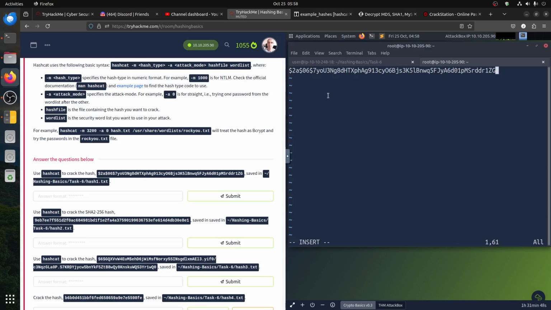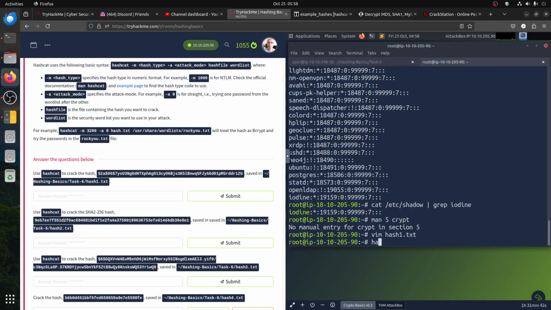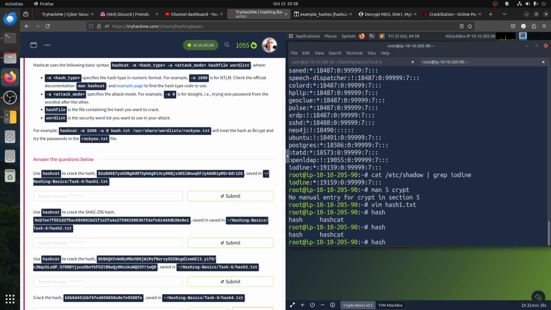We have $2a$, so we need to know what this is. Another tool, I think it's inside the attack box, is called hash-identifier. No, it's not here. Okay, so now we follow the hashcat command, hashcat. We need to have -m. We need to find what type of hash this one is first before we crack it.